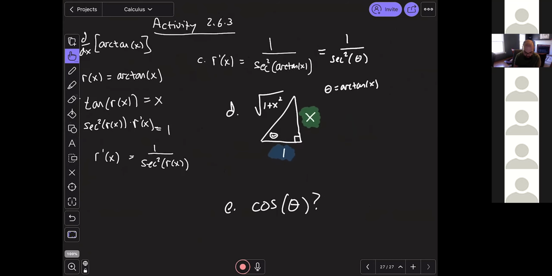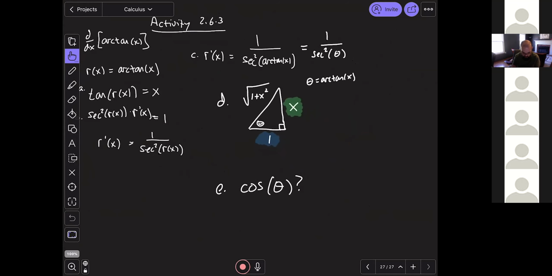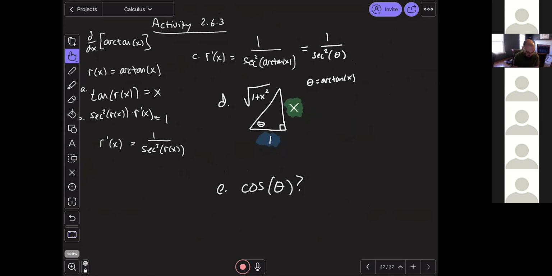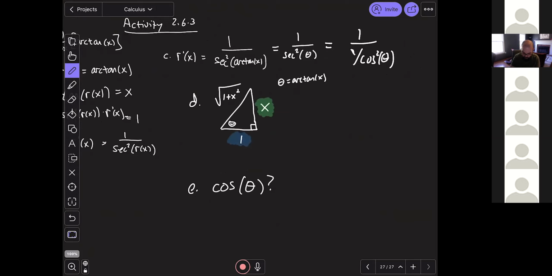Give ourselves some more space here. Sorry about the jumping around. So let's get rid of the secant. This ends up being 1 over 1 over cosine squared theta, which ends up just being cosine squared theta, right?